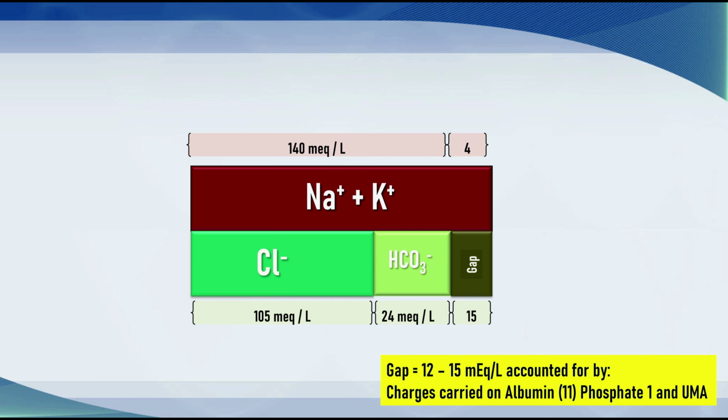As I've just mentioned, most of that is albumin, about 2/3 of it. And that's known as the anion gap, the difference between the easily measured charges of cations and the easily measured charges of anions. Bear in mind that the lactate and the ketones that are easily measured these days were not part of the original anion gap.